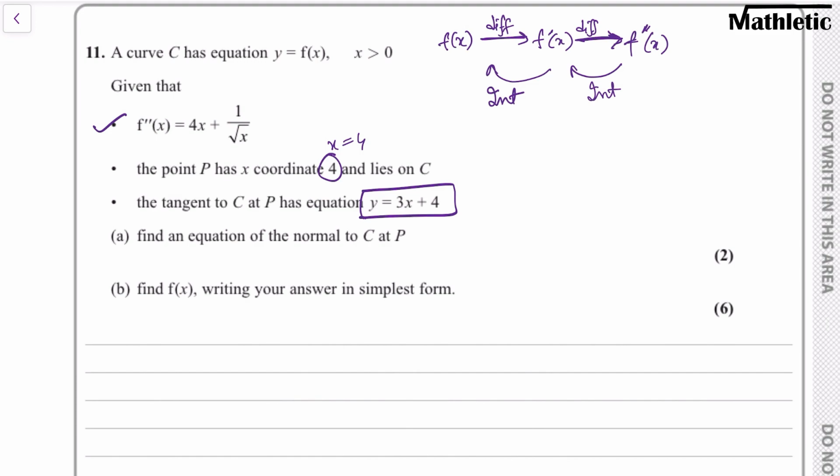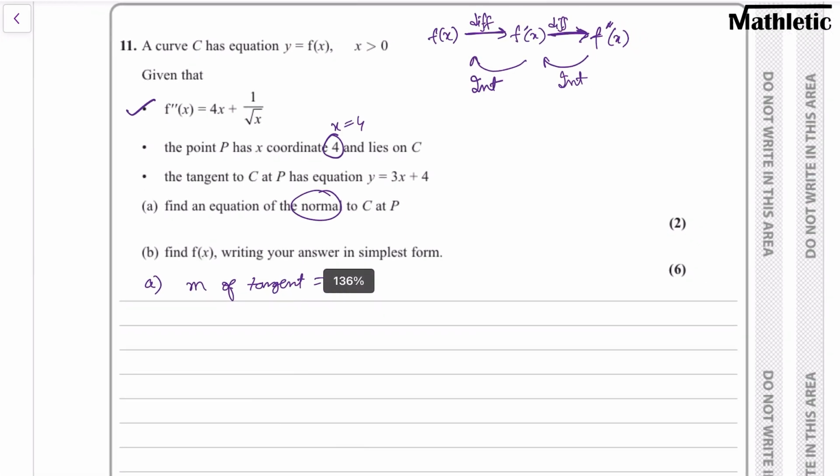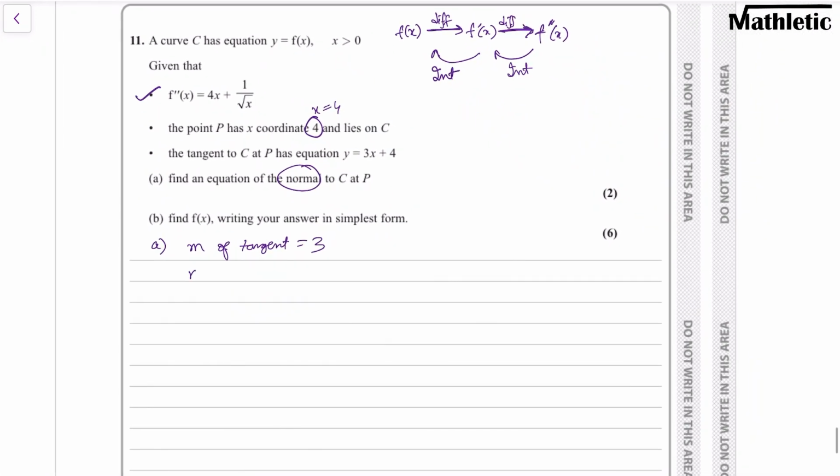So the tangent equation is already given. If we compare this with the general format, y equals mx plus c, the gradient of this tangent is actually 3, right? So the gradient of the tangent is 3, but we need to find the equation of the normal, so that's why I will convert this gradient to its negative reciprocal.